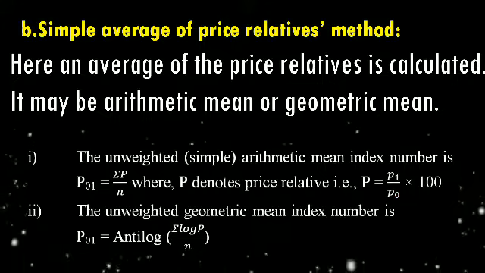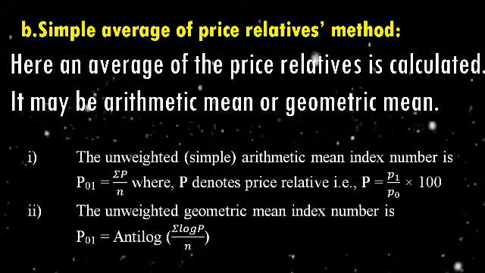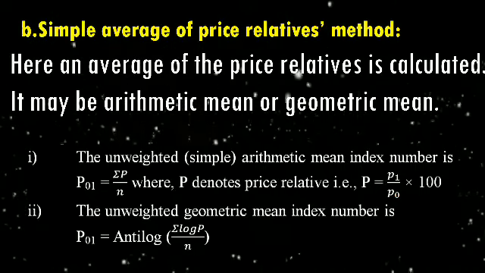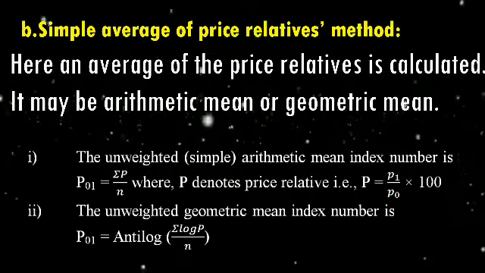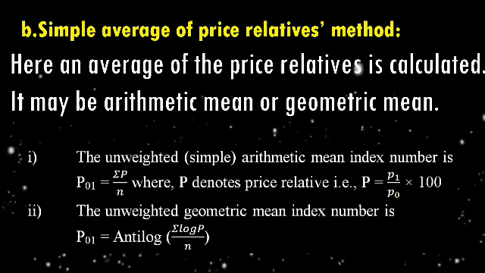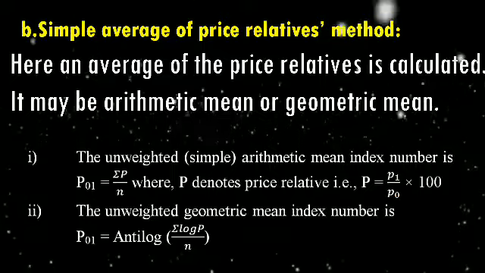To find AM, P01 equal to sigma P divided by n, where capital P equal to p1 divided by p0 multiplied by 100. And the geometric mean formula: P01 equal to antilog of sigma log P divided by small n.